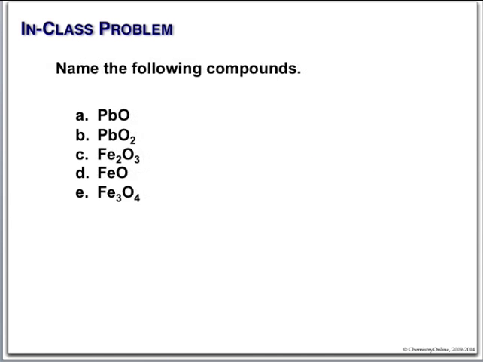All right, let's do a couple simple ones here. Just go ahead and quickly name these compounds. Pb is lead, Fe is iron. Well, our first one, we have a lead and an oxygen.